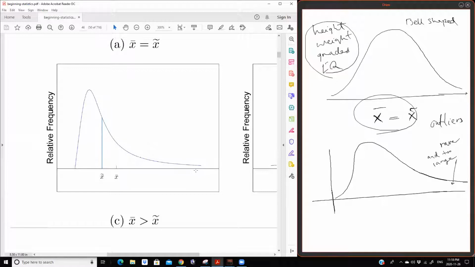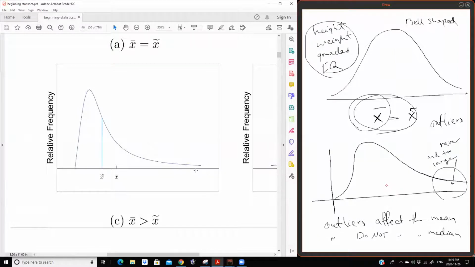And outliers have a big effect on the mean. Outliers affect the mean. But the thing is, outliers do not affect the median. So what happens in this situation? These outliers are going to pull the mean towards themselves.